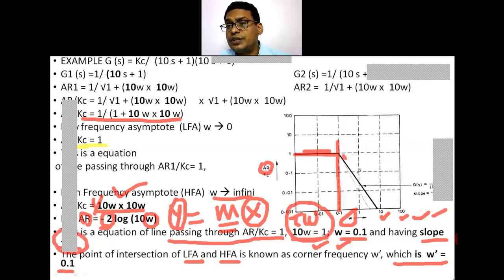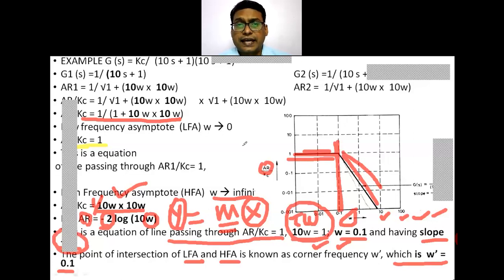This is the slope of minus 2, and it will intersect the low frequency asymptote and this high frequency asymptote. They will intersect at the point of 0.1. So this is one of the simplest problems.